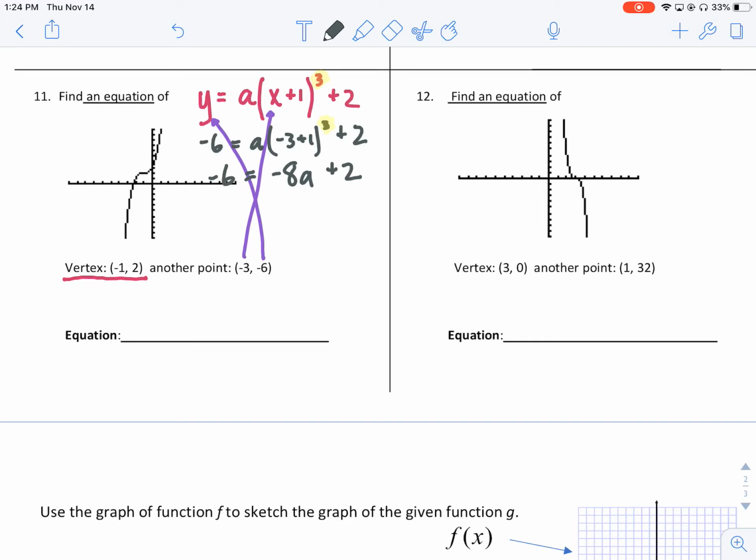Subtract that over, I'm going to get -8 equals -8a. So lo and behold, a is equal to +1, which means there was no scale change. So it's a normal one. Y equals x plus 1 cubed plus 2.